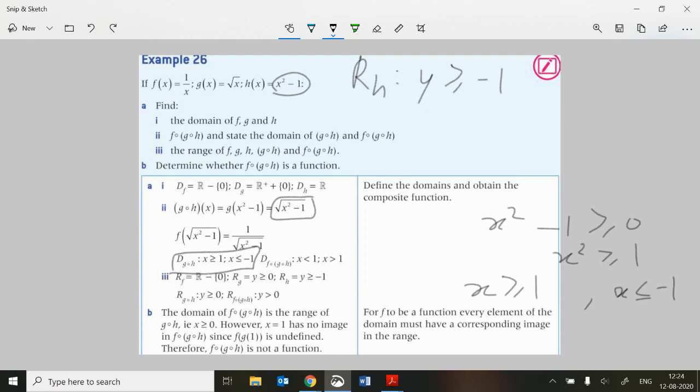Well, then when we put those numbers into this function here, we essentially get our answers for this bit, which are greater than or equal to -1. That's what we're talking about, y is greater than or equal to -1.